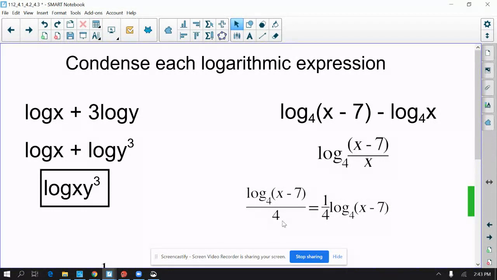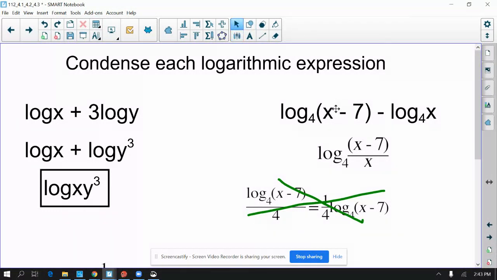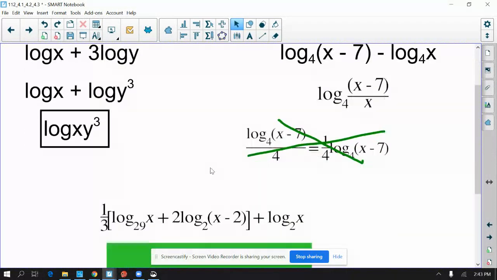Dividing by 4, that's the same thing as 1/4 times all of that, which means the 1/4 could act as an exponent on x minus 7. So this is not correct and should be avoided. The arguments, or the domain, the specific domain of the two logs, those get divided, and only those. And once you divide them, they are part of the new logarithm.